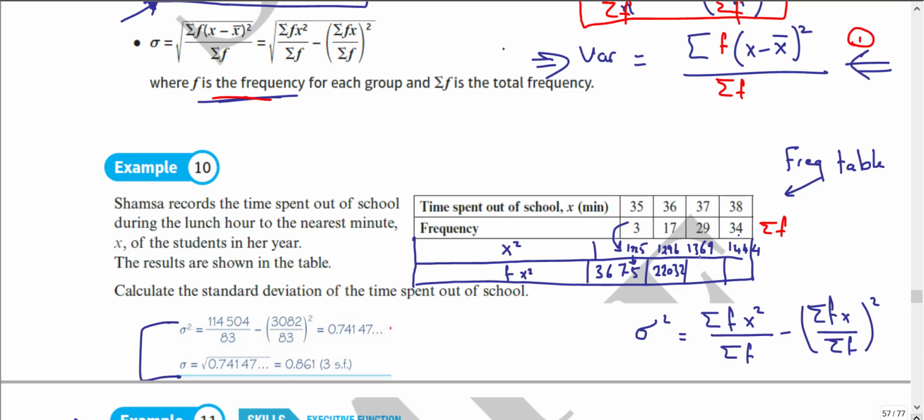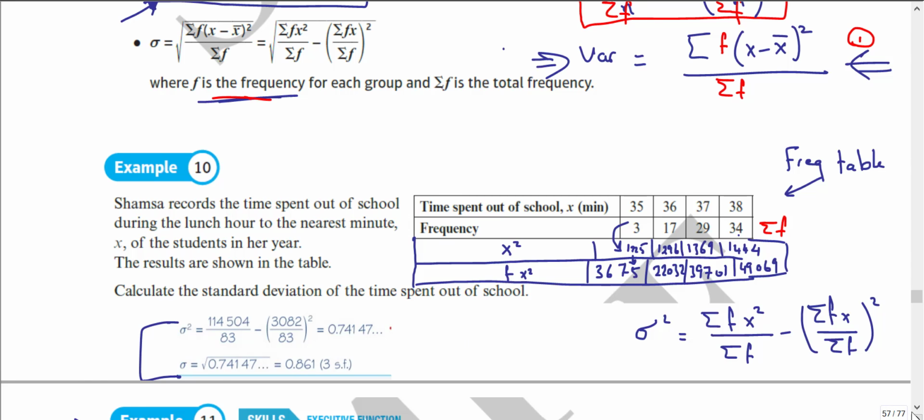Next one, 29 times 1369: 39,701. And last one, 34 times 1444: 49,069. So we squared the data x, and then we multiplied the frequency by the square of the data.